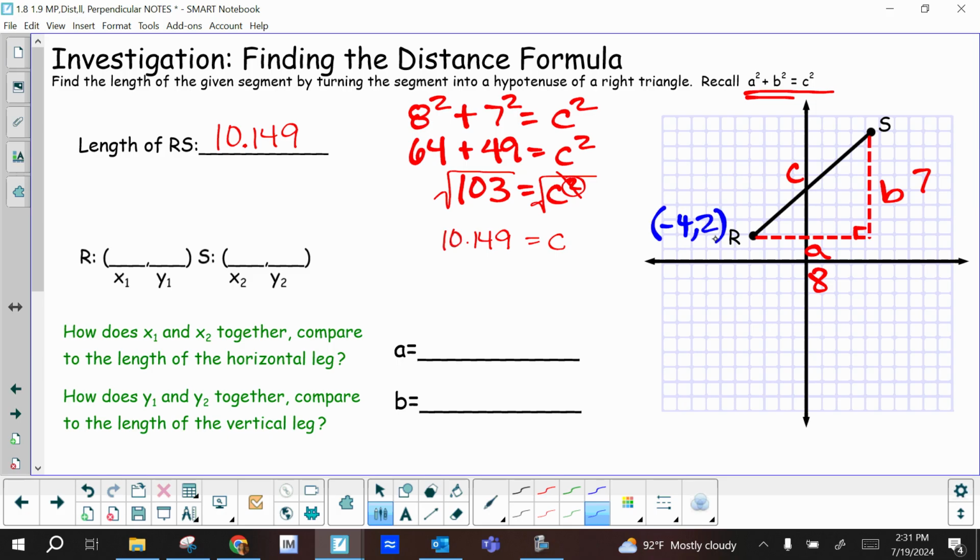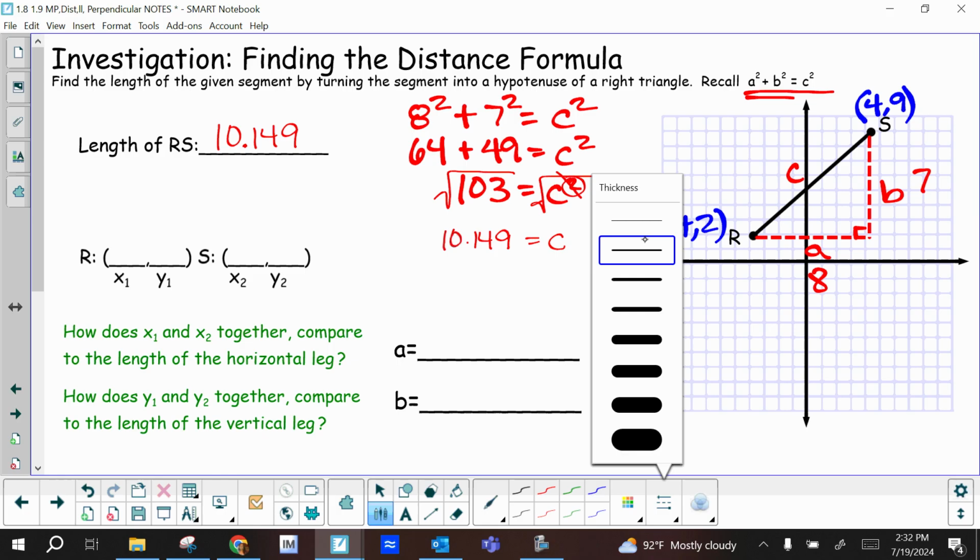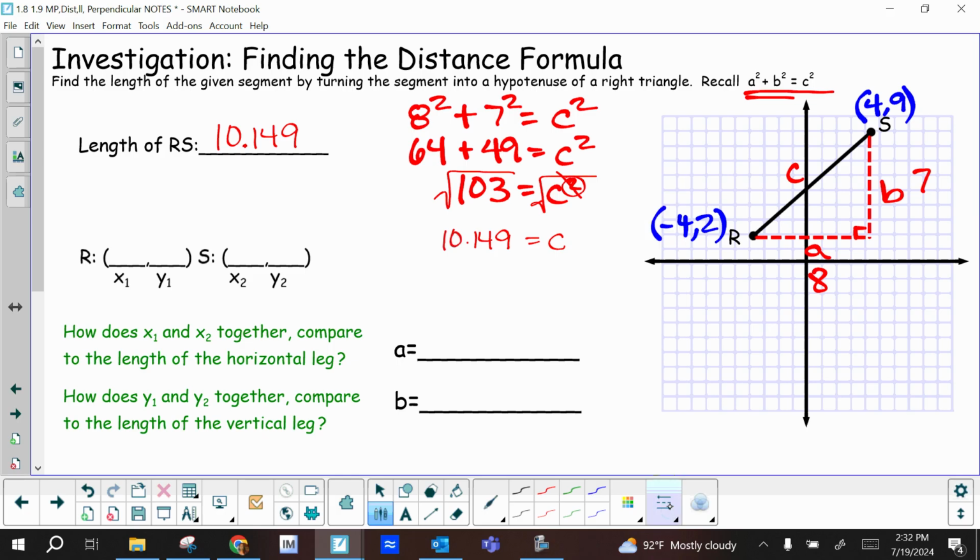And the coordinate of S is 1, 2, 3, 4, 4, comma 9. All right, so let's go ahead and write that down. So R is at -4, 2, and S is at 4, comma 9.